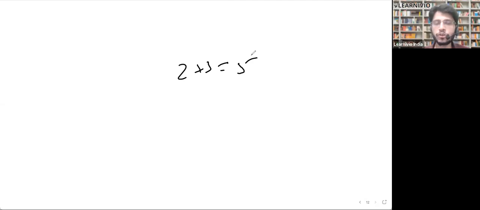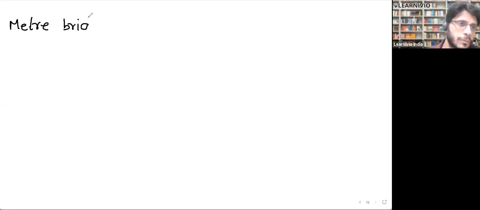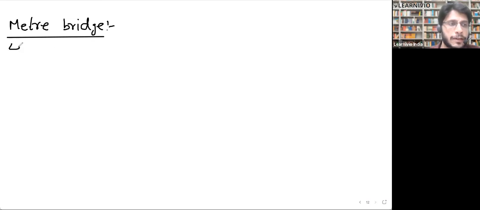In the same way, Wheatstone Bridge is a theoretical model. But when you make a practical application of Wheatstone Bridge, that is known as meter bridge. This is what we make in laboratories. Meter bridge, practical application of Wheatstone Bridge.